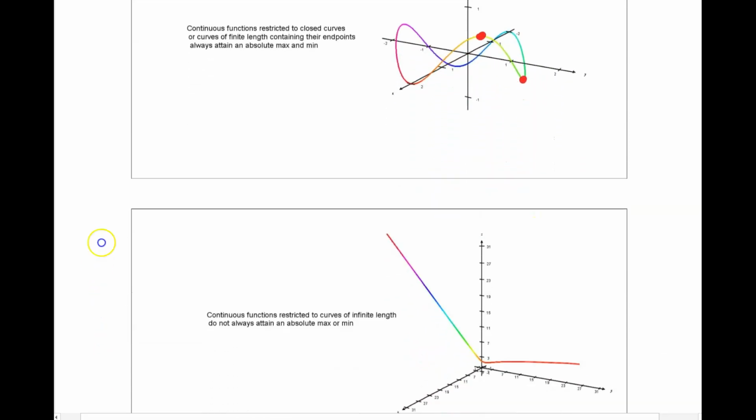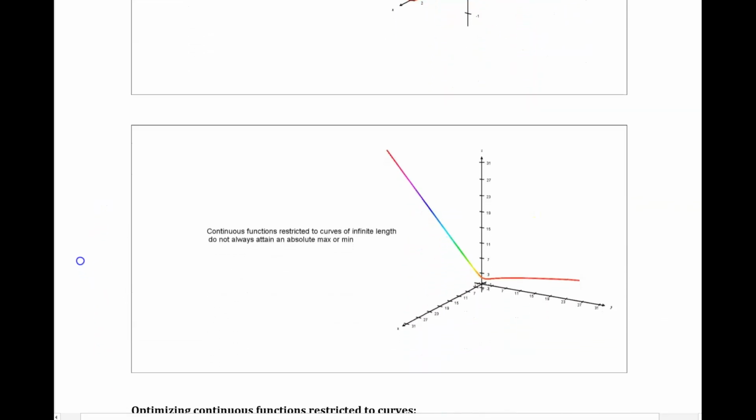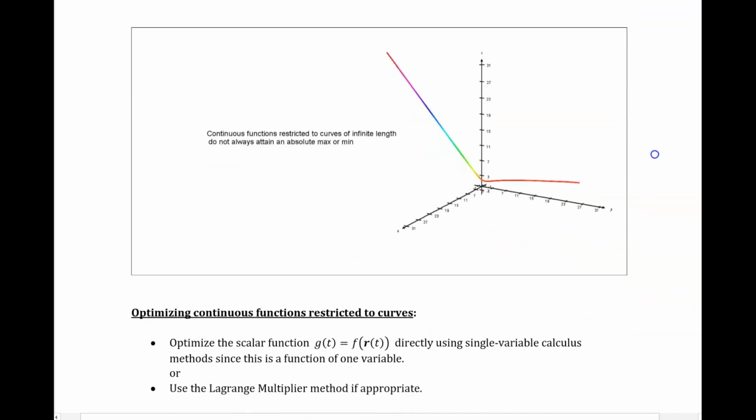But if you restrict a continuous function to a curve that has infinite length, maybe the image of your restricted function in the xy plane, you may or may not obtain an absolute min or max. We can see this graph going up forever and maybe going down forever as well, so we just have to be careful of that.